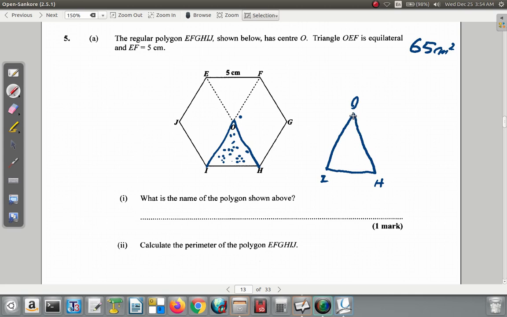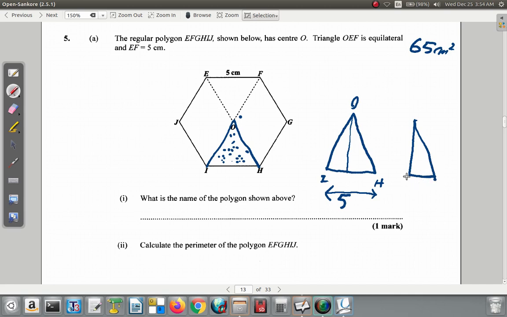Now I want to find out the vertical height of this triangle. I know that the width here is 5. How do I find the vertical height? What I could do is consider cutting this triangle into 2 parts and taking it out at this point.